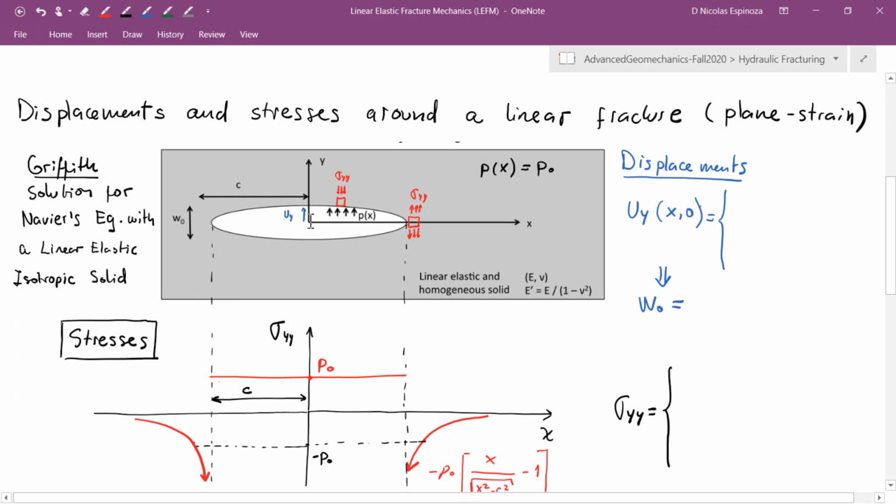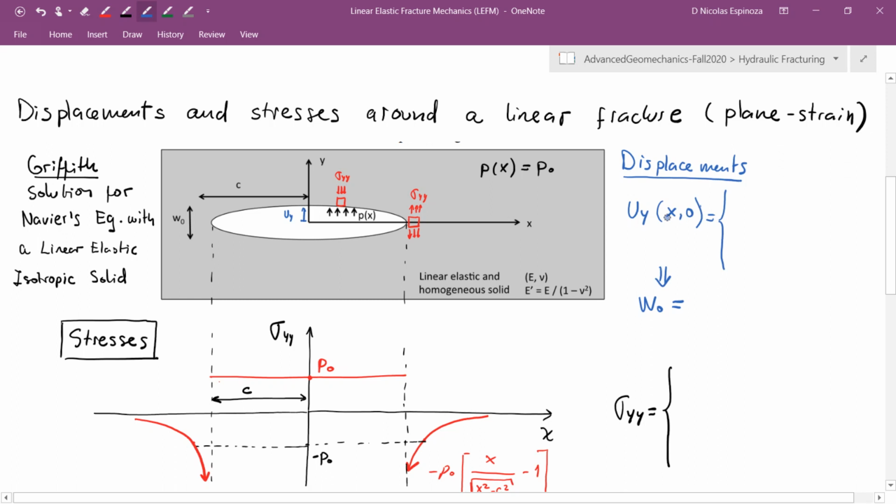That deformation and that solution is going to be the displacement of the wall of the fracture, either up for the top face of the fracture or down for the lower face of the fracture. In this case, let us just concentrate on the top face. The top face, as the fracture is pressurized, will move from the center to a new position, and the displacement is going to be uy.